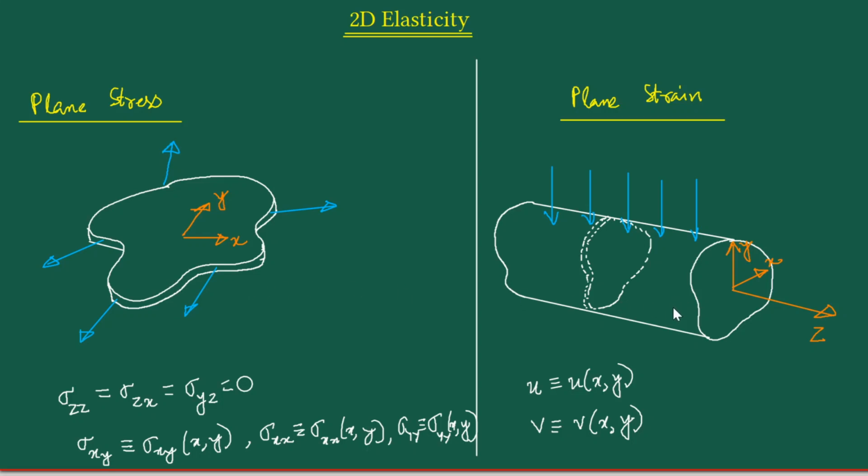Now for this plane strain case, you can imagine that this is very long, and then maybe at the ends it is confined between two plates, or between two rigid confines. So in that case, the W will be 0, and then epsilon zz is identically 0.